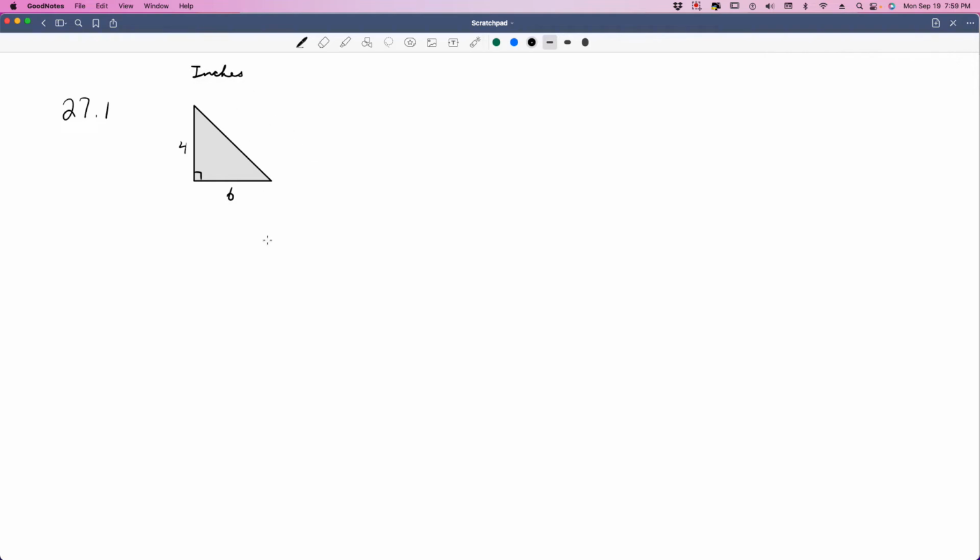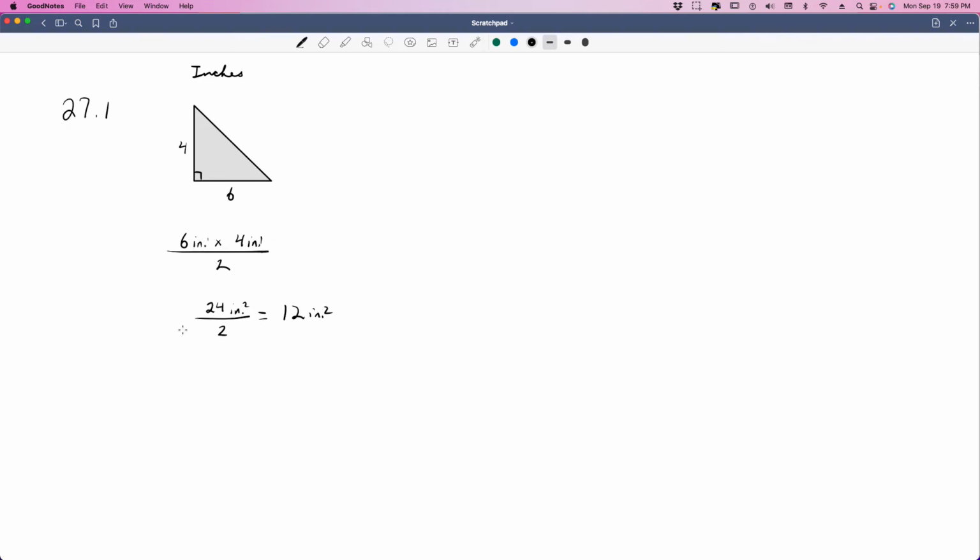All right, so the base is 6 inches times 4, divided by 2. 6 times 4 is 24 inches divided by 2. That equals 12 inches squared. 24 inches squared divided by 2 is 12 inches squared. And it's inches squared because we have inches once, inches twice.